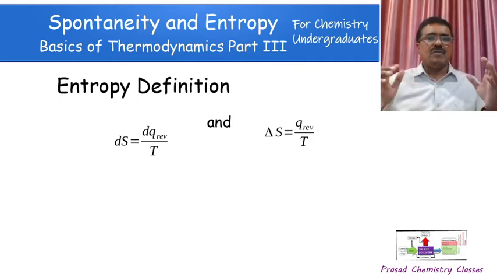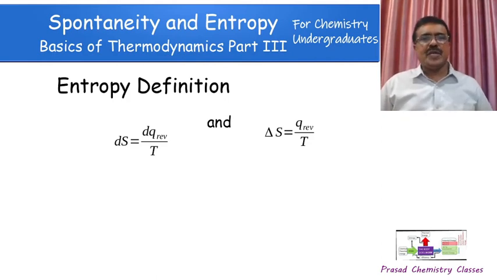Suppose you have a system at a low temperature and a system at a high temperature, say room temperature and 100 degrees Celsius, and you put the same amount of heat into both systems. The system at 100 degrees Celsius is already in a state of disorder or randomness, and putting the same amount of heat in it will not increase the randomness to the same extent as in the system at low temperature.